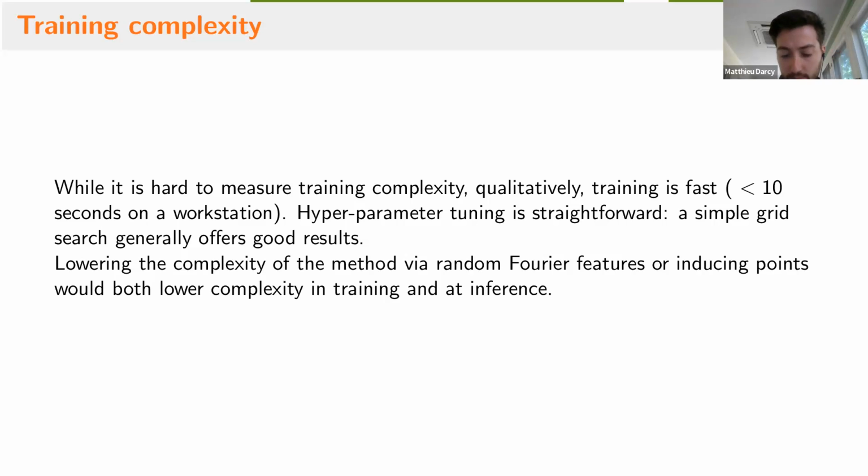If you're familiar with kernel methods, you'll know that typically you have to choose the parameters of your kernels pretty carefully. In some cases, the performance of your method is quite sensitive to the choice of hyperparameters. But for all of these problems, what we found is that hyperparameter tuning is very straightforward.